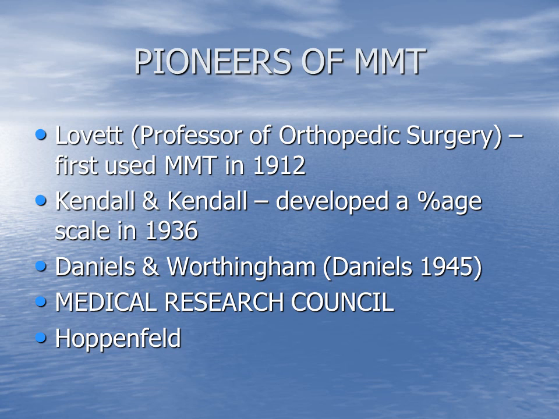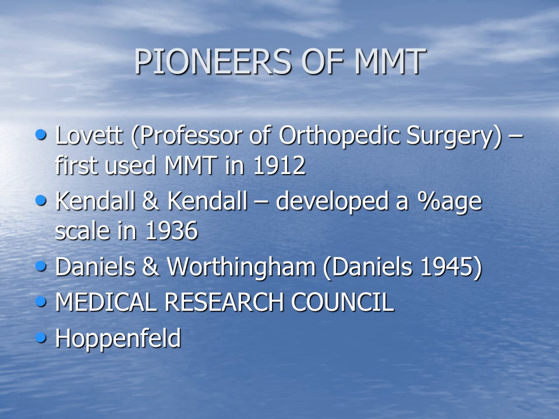According to the research that I was able to uncover, manual muscle testing goes back to about as early as 1912, when Dr. Lovett, a professor of orthopedic surgery at Harvard Medical School, first used manual muscle testing. It was written about in 1912, not by Dr. Lovett, but by one of his assistants who described some of his procedures in a written manuscript.